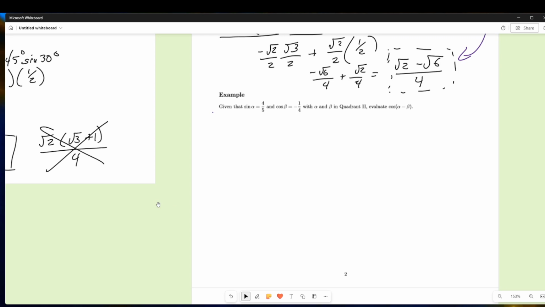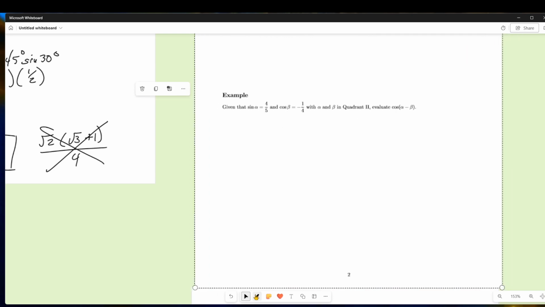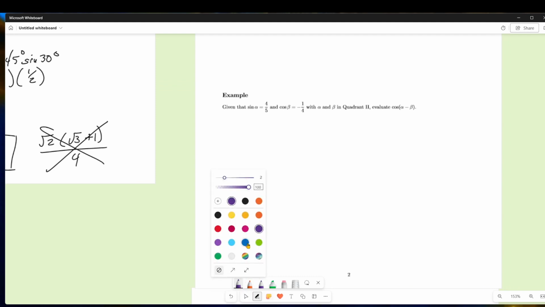Okay. So, given that the sine of alpha is 4/5 and the cosine of beta is negative 1/4 with alpha and beta in quadrant 2, evaluate this difference. Now this might look a little bit nasty, but it's really built from the things we've already been doing.